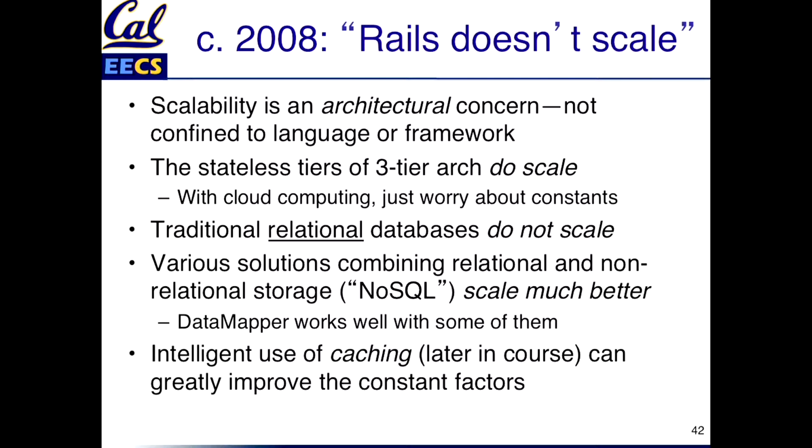But we also mentioned that traditional relational databases have some pretty serious limitations in how far they'll scale. We talked briefly about alternatives like sharding and partitioning that are often used to work around those limitations. But at the end of the day, relational databases do have some limits that are imposed in part by the functionality that they try to give you. So Rails doesn't scale isn't really true. Another statement might be relational databases have a limit in how they can scale.